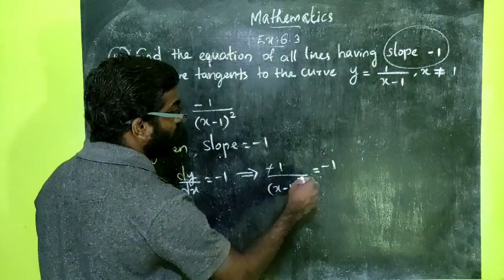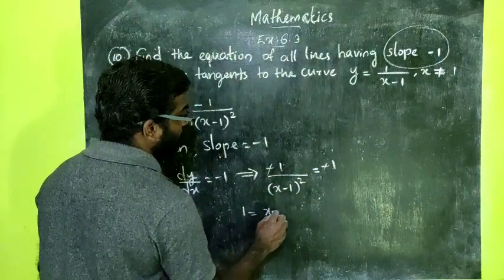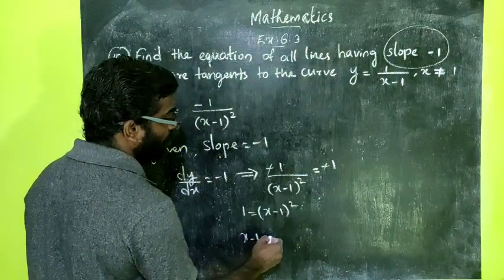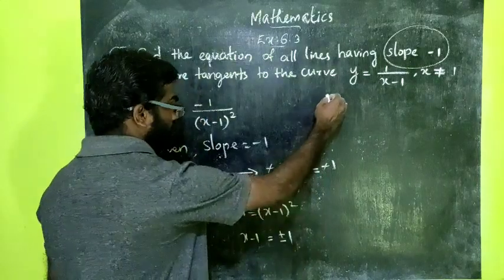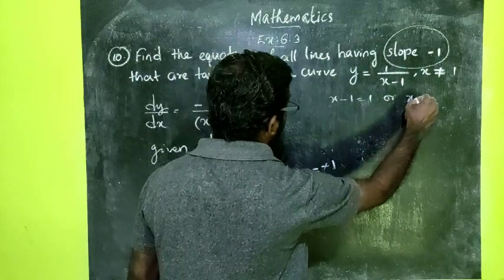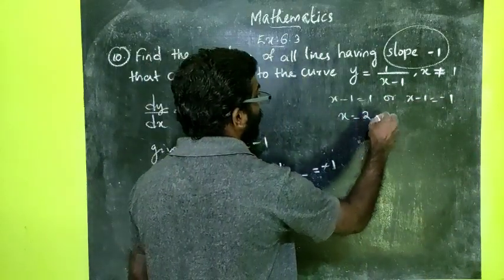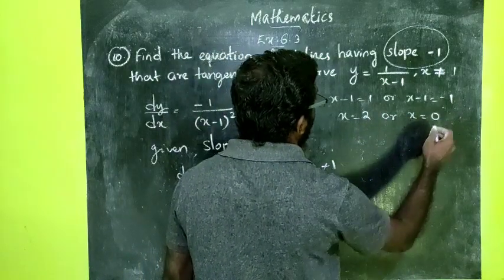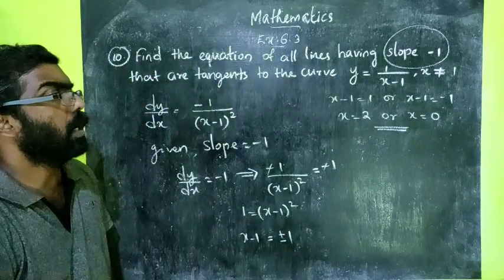We can cancel this minus sign and by cross multiplication we get 1 is equal to (x minus 1) the whole square, or x minus 1 is equal to root of 1, that is plus or minus 1. So x minus 1 equal to 1 or x minus 1 equal to minus 1, that is x equal to 2 or x equal to minus 1 plus 1, which is 0. So the x values are 2 and 0.